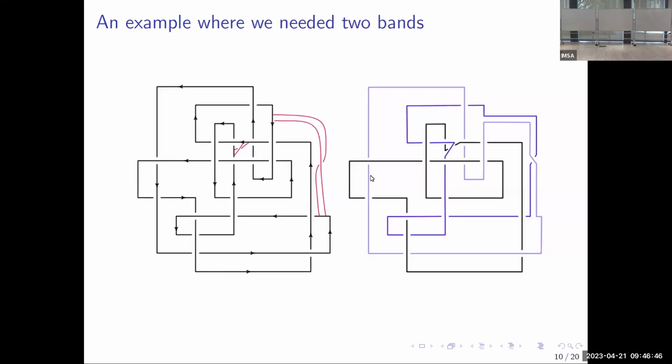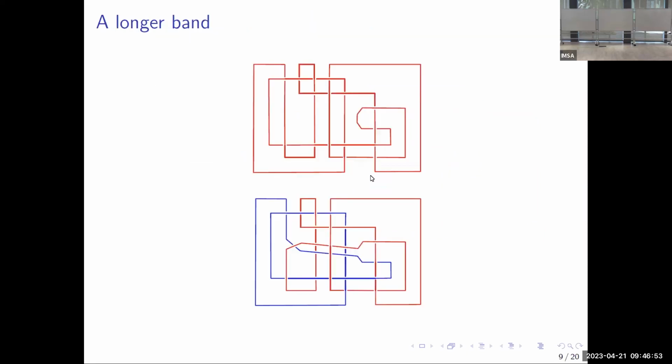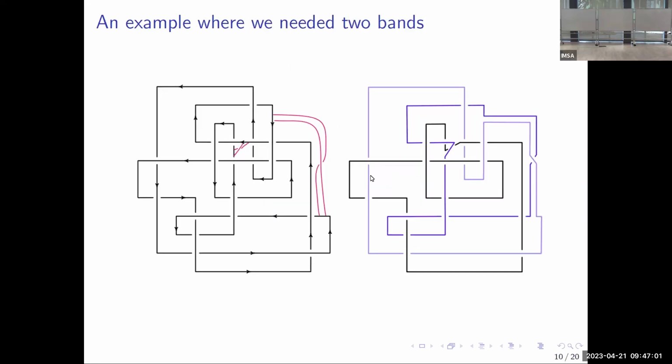And then sometimes you need two bands or more. In this picture, all of these pictures, by the way, are actually ribbon disks. So the picture on the bottom here is also the unlink. This is one where we needed two bands.